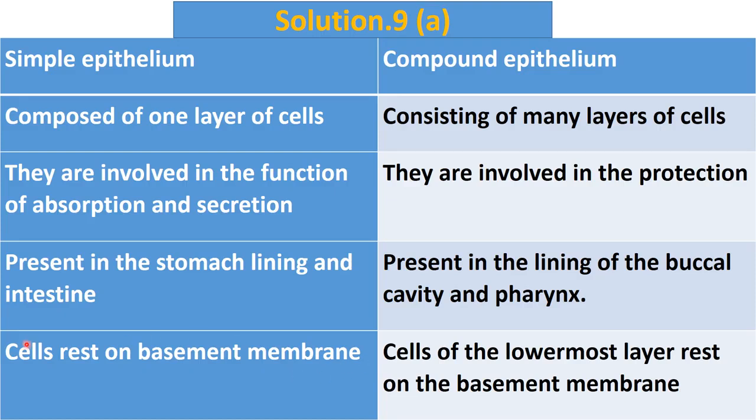But because in simple epithelium only a single layer of cells is present, that single layer rests on the basement membrane, right? So all cells of simple epithelium rest on the basement membrane, while all cells of compound epithelium do not rest on the basement membrane. We can say that.